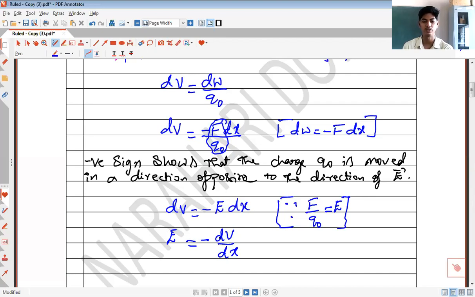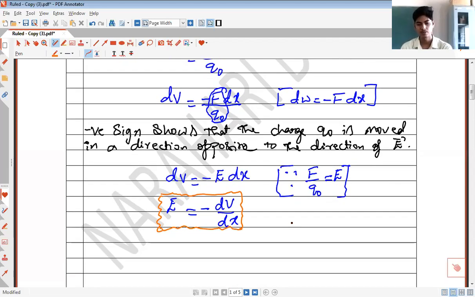Note, electric field is potential difference divided by distance. This dV by dx term is actually called the potential gradient.